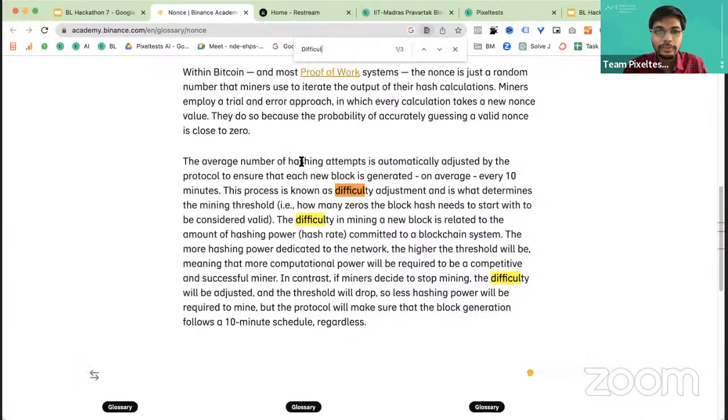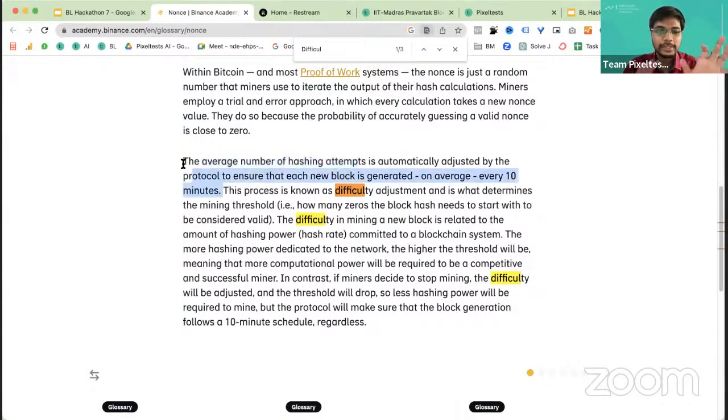And the average number of hashing attempts is automatically adjusted by the protocol to ensure that each new block is generated on average every 10 minutes.